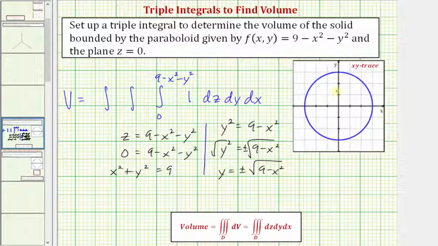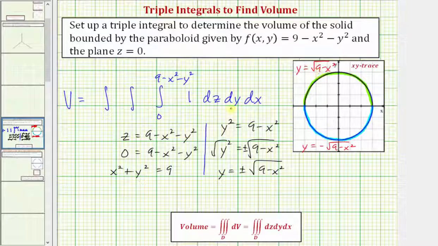So looking at the xy trace, this area in the xy plane is bounded below by the equation y equals negative square root of the quantity 9 minus x squared, and the area is bounded above by y equals positive square root 9 minus x squared.